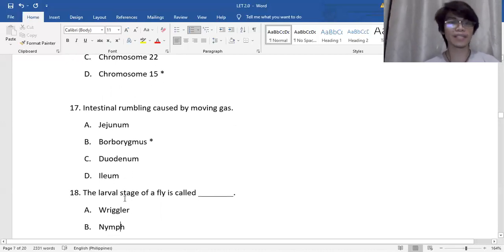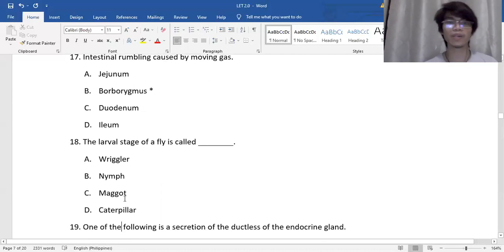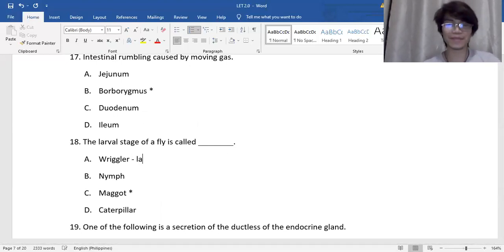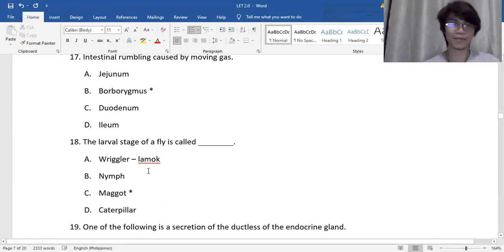And then the larval stage of a fly is called, don't be confused, letter C, maggot. Then what is the name for lamok? Lamok or mosquito, mosquito in English.